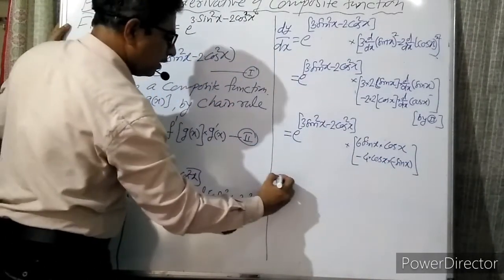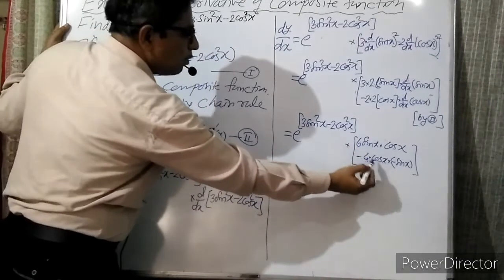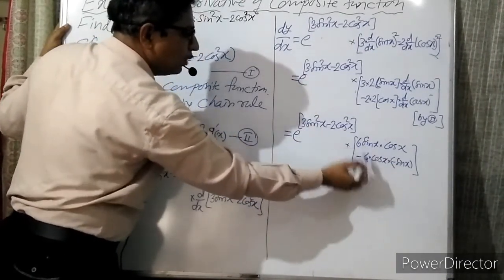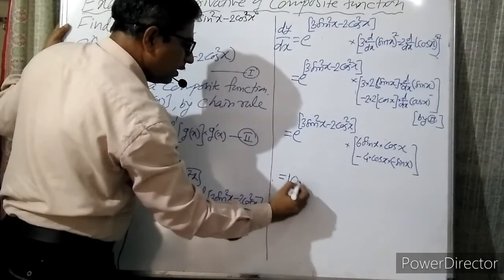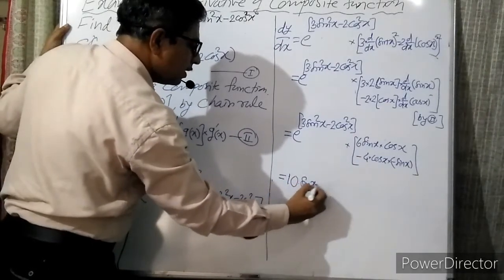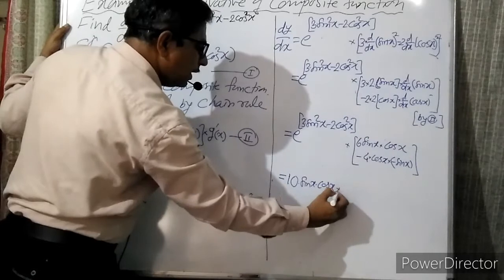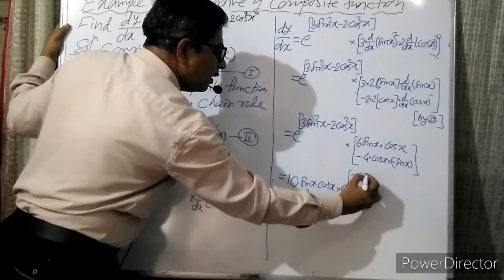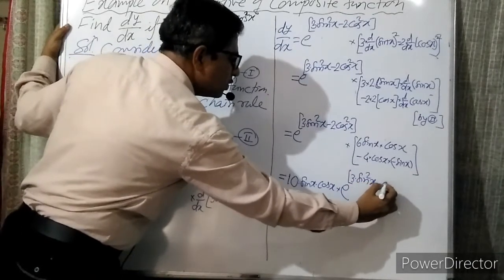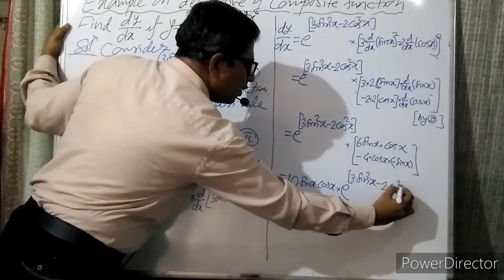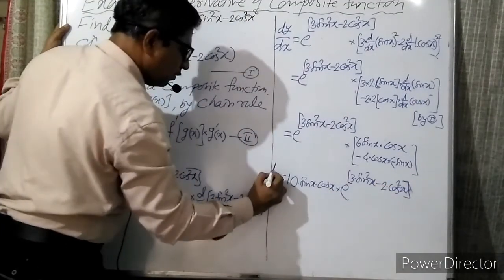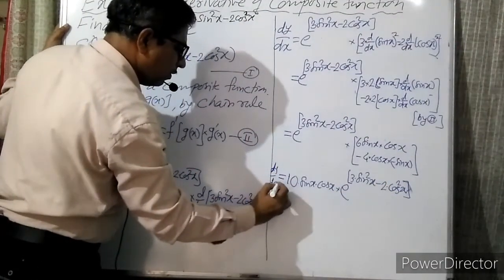And see what we are getting. This is minus times minus is plus, sin x into cos x, sin x into cos x. So totally there will be 10 sin x into cos x into e raised to 3 sin square x minus 2 cos square x. And this is the answer for the derivative.